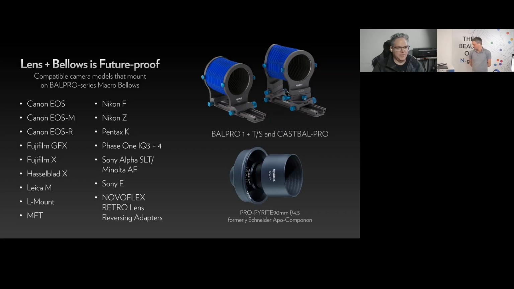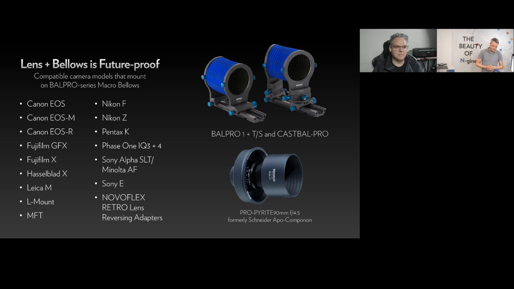The Pro series bellows are also compatible. I'm going to let Martin talk about this. Yeah. The same is true that we already mentioned for the Bell F bellows, with one important aspect that differs. The Pro bellows is not only compatible with MFT or APS-C or 35mm full frame cameras, but will also accept a Fujifilm GFX. It will also accept Phase One IQ3 and IQ4 backs, which feature bigger sensors.